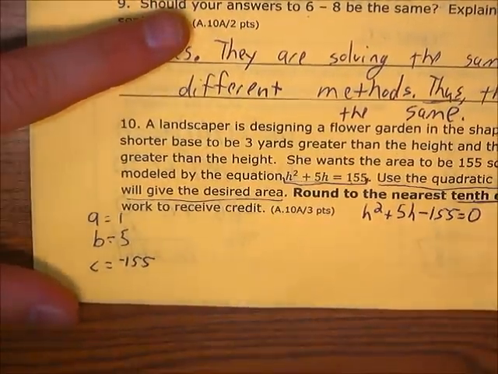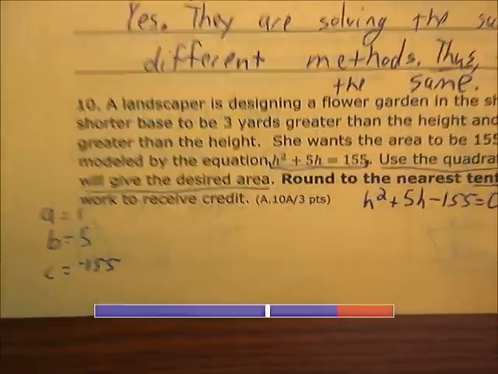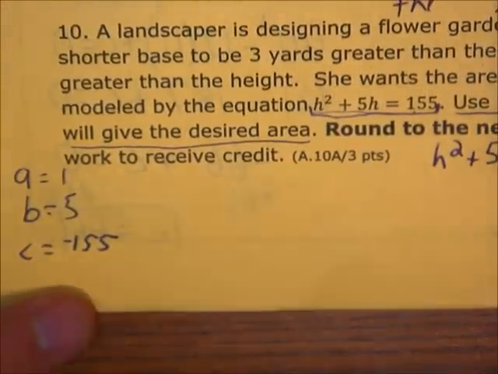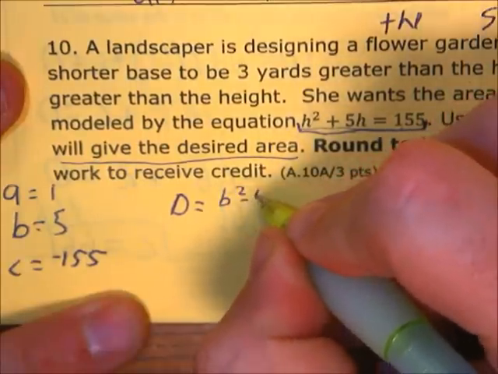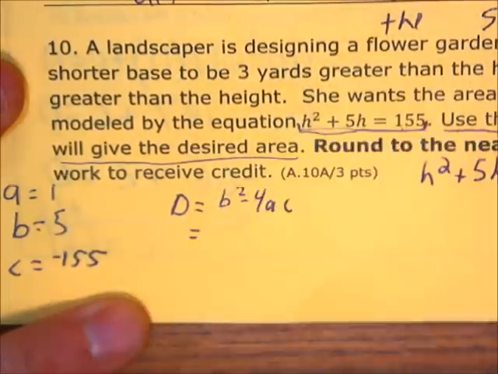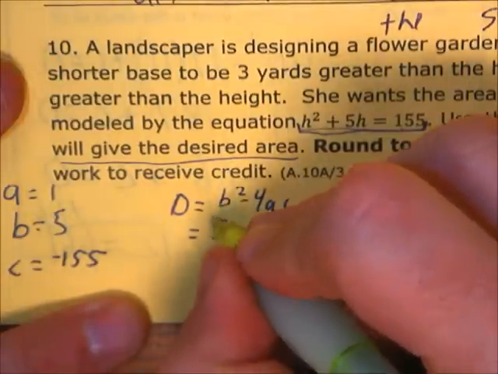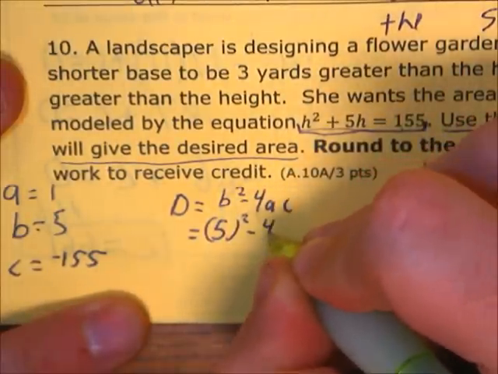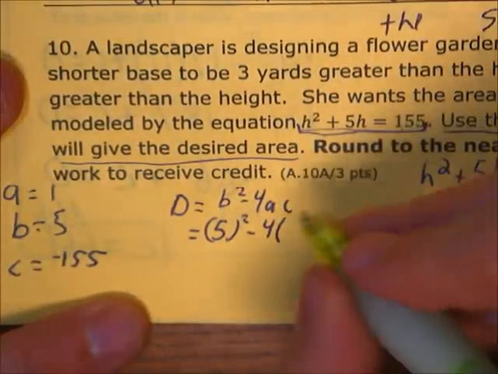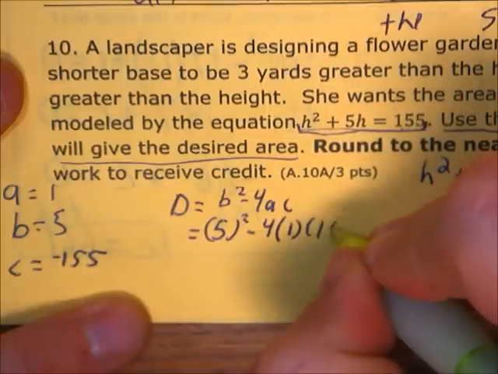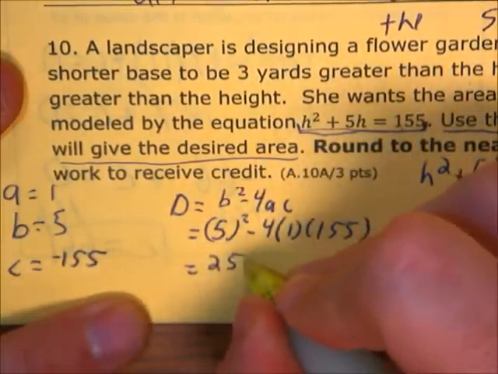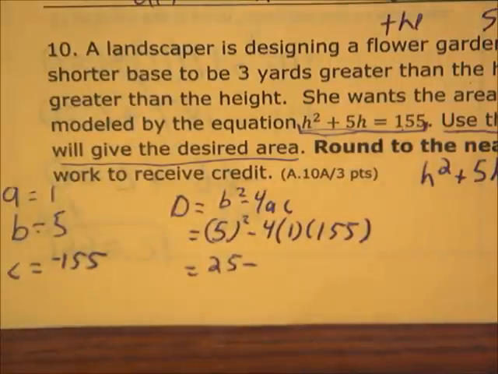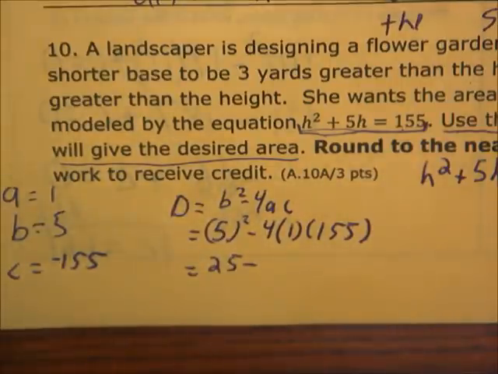Now I'm going to find my discriminant, to see if it is even possible to solve this equation. D equals B squared minus 4AC. So B will be 5 squared minus 4 times A is 1 times 155 gives me 25 minus, let's see what we get when we multiply 4 times 155.